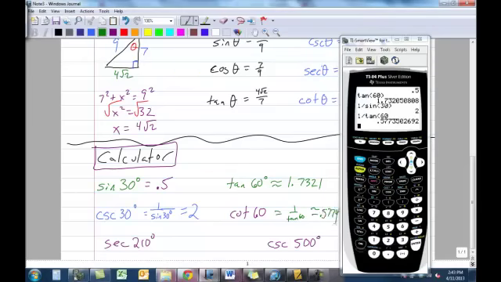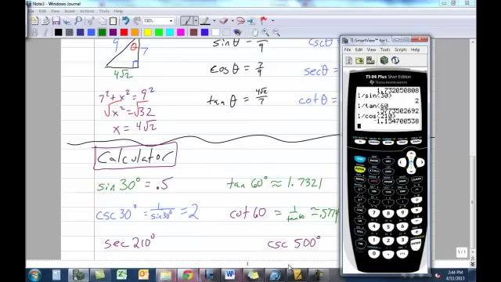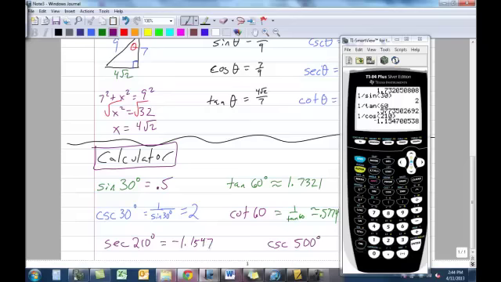The secant of 210 degrees is 1 divided by the cosine of 210 degrees, which is approximately, whoa, how about that? We got a negative answer this time. We got negative 1.1547. We'll talk more about why it's negative as we go on this unit.